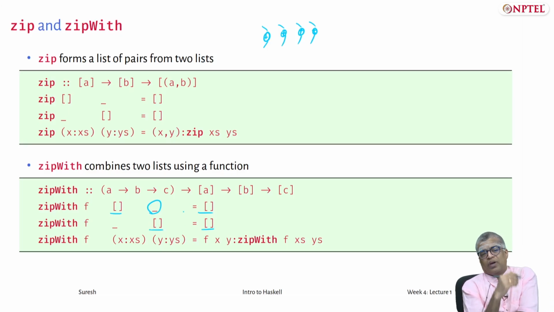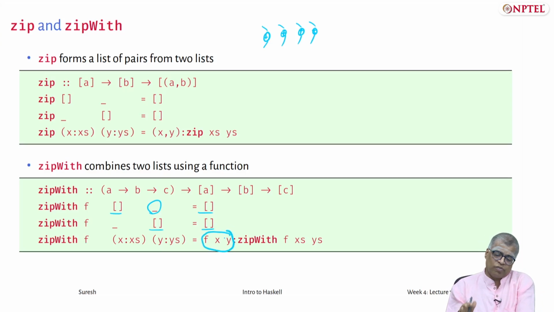This is the same logic as with zip. zipWith f of x colon xs, y colon ys: instead of forming the pair x comma y, you actually do f applied on x and y. Okay, and then you again do zipWith f xs ys.